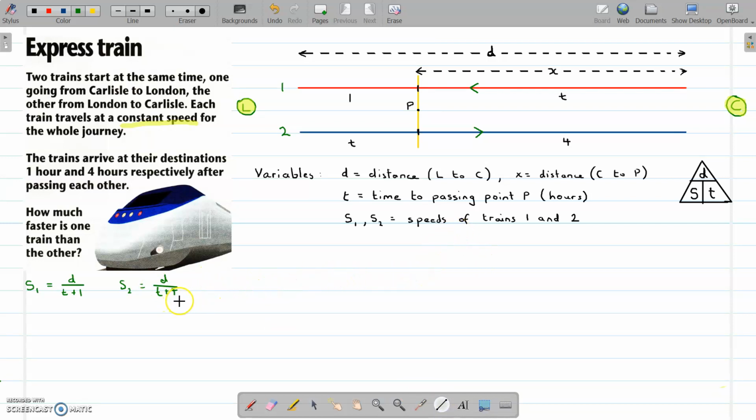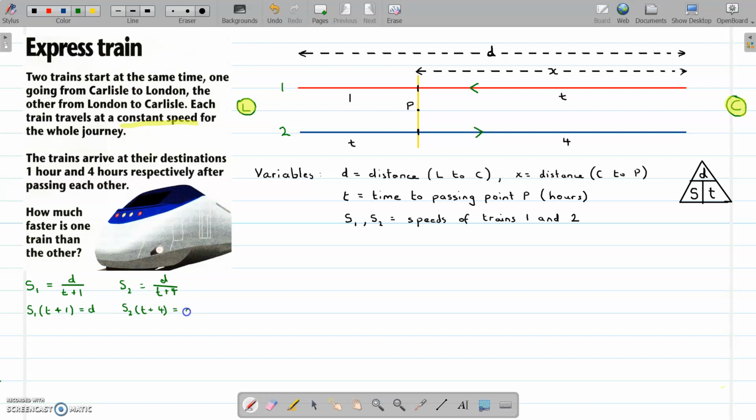Now, what I'm going to do next with both of these is just multiply by the denominator of the fraction. So I'm just going to times this one by t plus 1. So I get that S1 times t plus 1 equals d. And for this one, I get that S2 times t plus 4 is also equal to d.